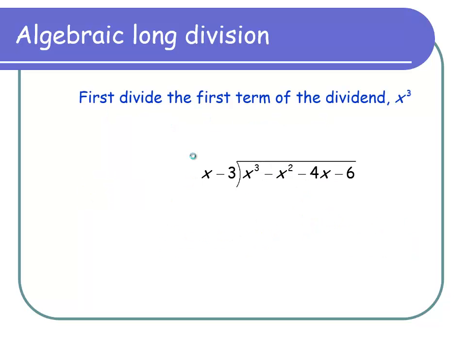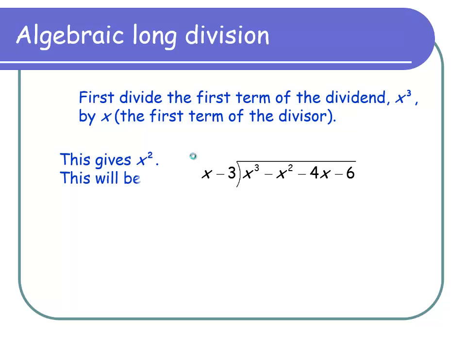So first we divide the dividend of x cubed by the x in the divisor. And the way we do that is we multiply x in the divisor to give a value of x cubed. So what number multiplies with x to give x cubed? Oh, that's x squared.